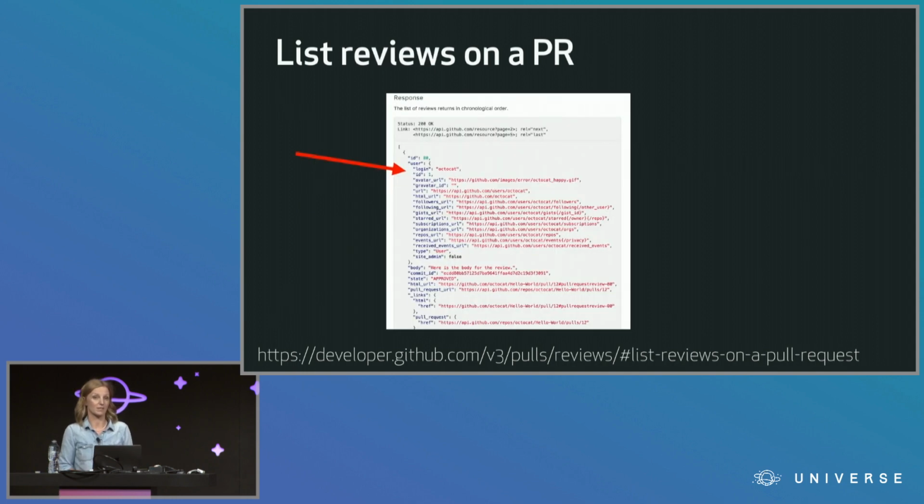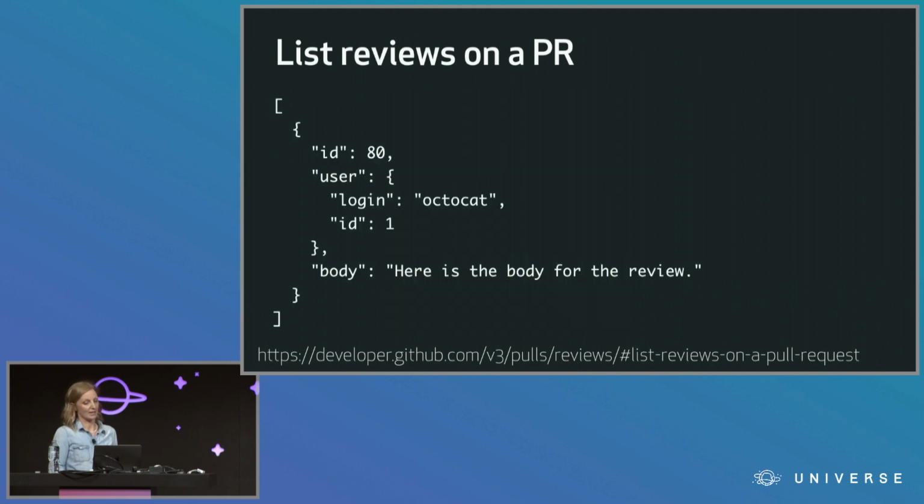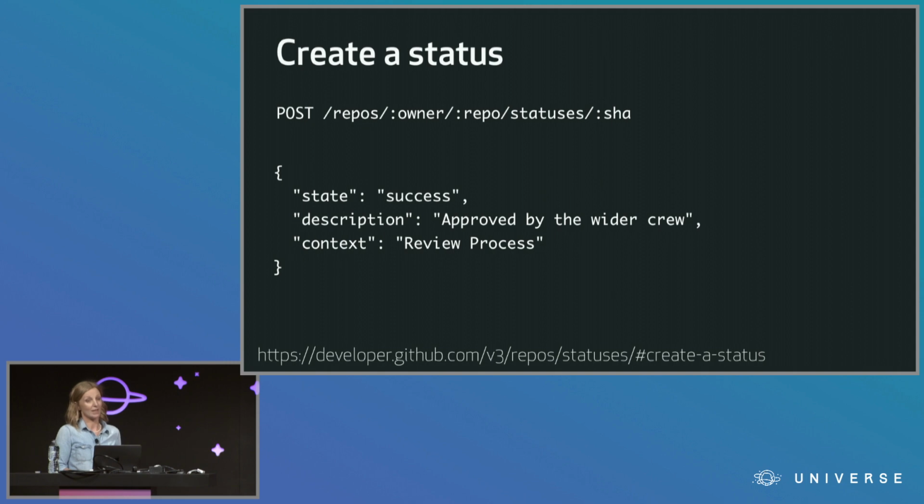You could then fetch a list of reviews on a PR and extract the names of the users who have given those reviews, and then do whatever special comparison your team wants to do about those committers and reviewers and who they are. And then you could post a status on the PR to indicate if it passed or failed your checks.